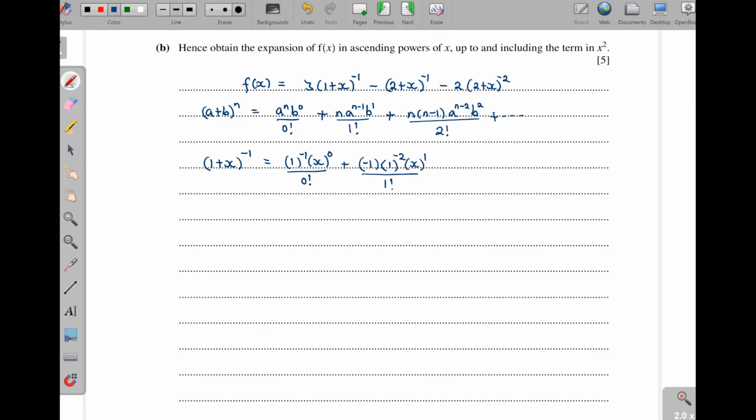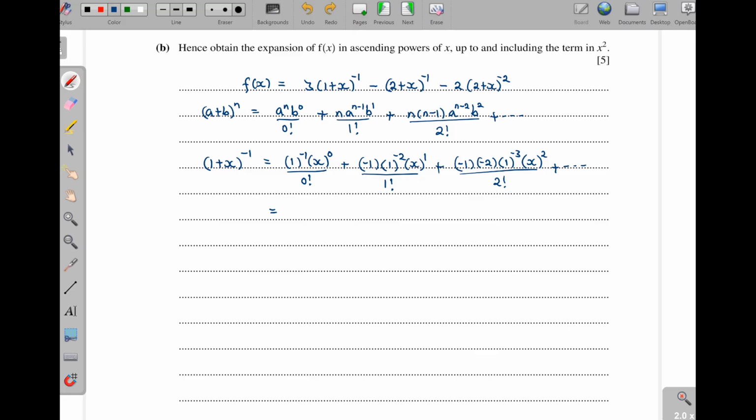Then over 1 factorial, we are ending here, so plus, then drop the negative 2, so you have negative 1 times negative 2, then you have a 1 here, now power negative 3, then x here, then to the power of 2, then over 2 factorial, then plus the rest of the terms that come forth that we ignore.